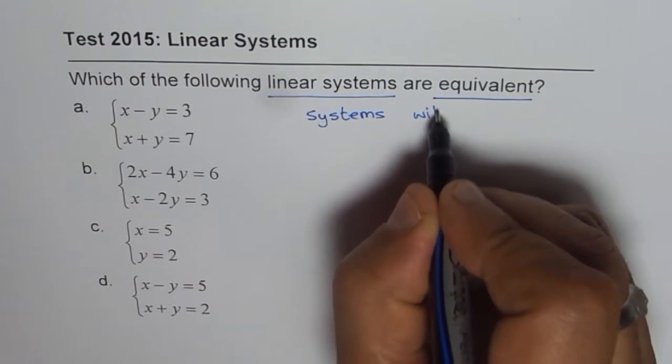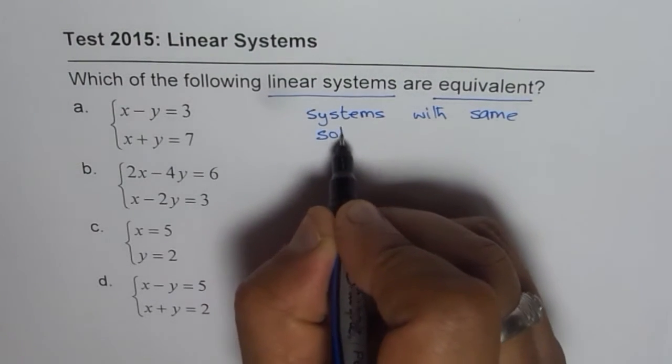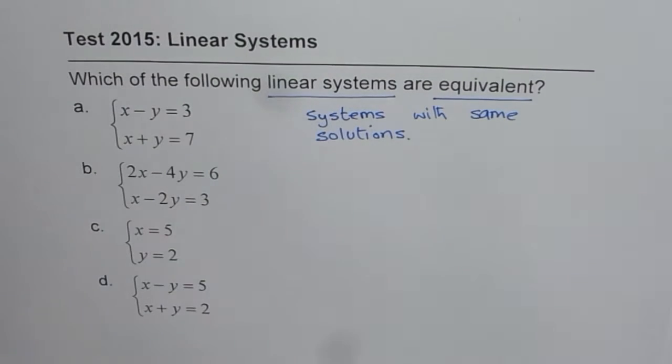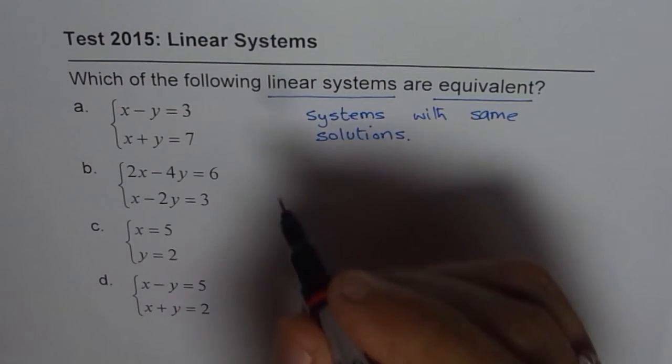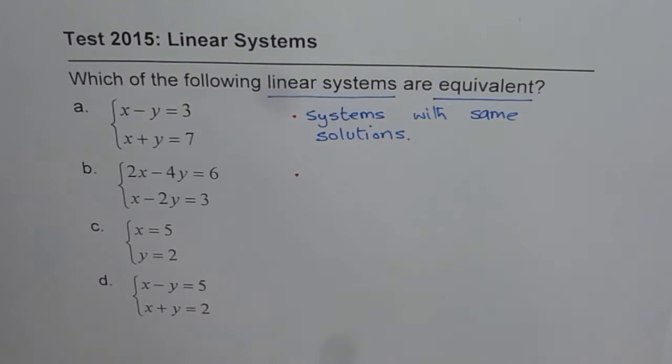Now, that means one possibility is we can solve all 4 systems and see which have the same solution. It is going to take a lot of time, but at times that may be the best strategy, right? So one of the strategies, we can solve each one of these systems and check which have the same solution.